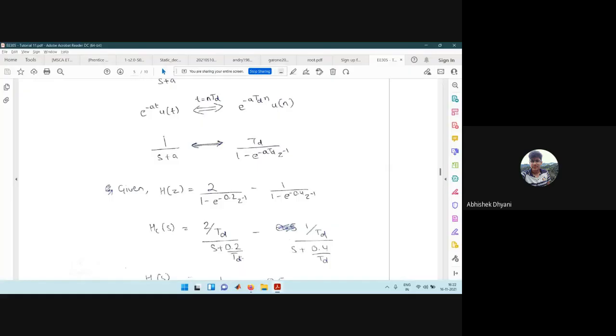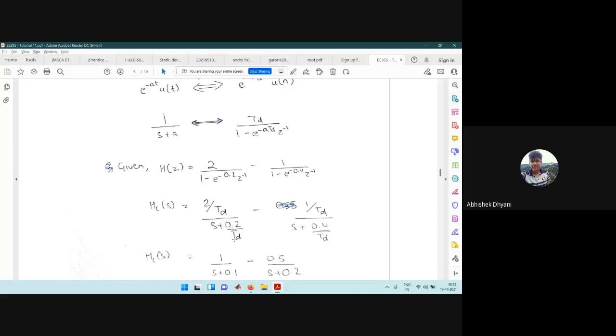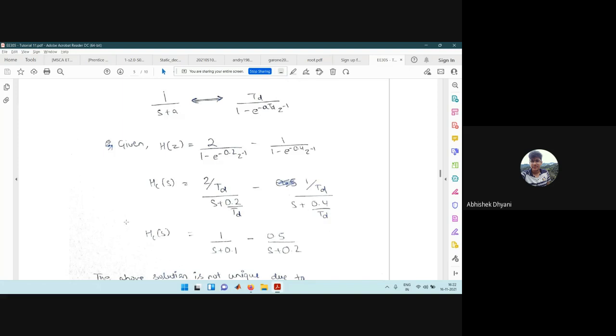So 0.2 by TD is what a is, and that means this is 0.1. Similarly, with the second term, I will divide by TD in the numerator. I will say that a times TD is equal to 0.4, from where I can write a here. And on solving this, I'll get this as Hc(s).